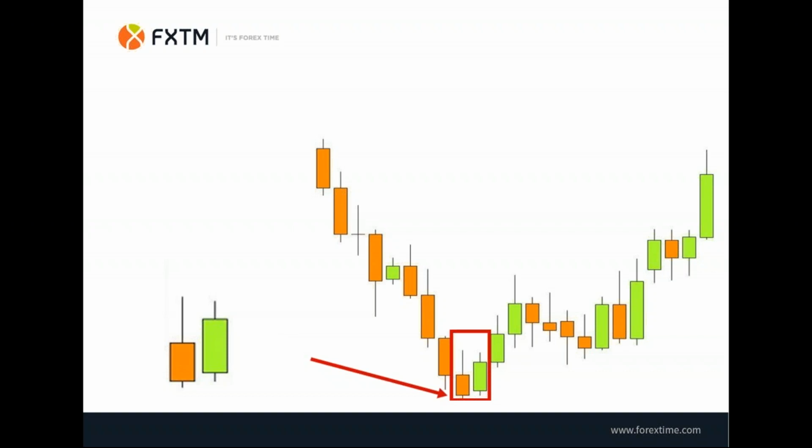You can see that at this point our bullish pattern showed up at the bottom of that downward movement. Okay, so if you zoom into that pattern, you see that it had two candles.